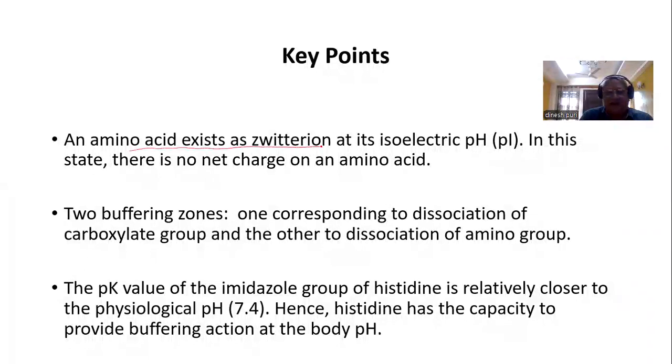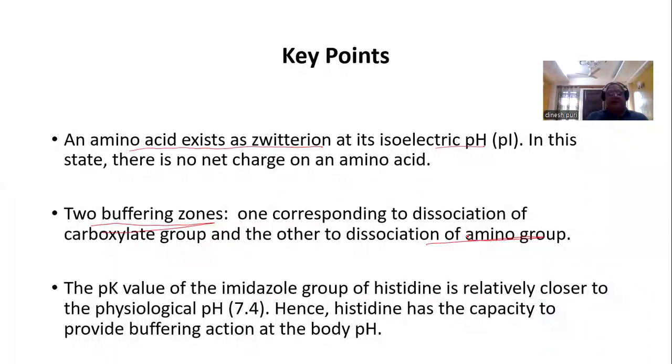Amino acids are zwitter ion at their isoelectric pH, no net charge. When you decrease the pH, it is the cationic form. When you increase the pH above pI, it is anionic form. There are 2 buffering zones, one corresponding to dissociation of carboxylate group, other to dissociation of amino group.